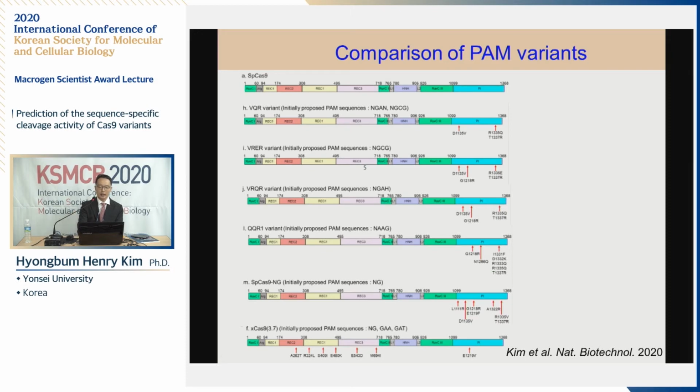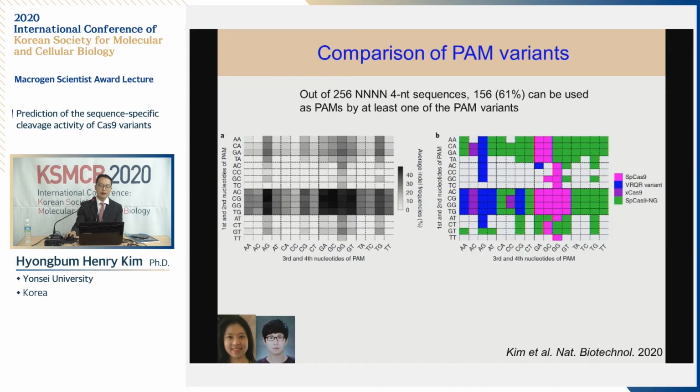So to find the answer to that question, we meticulously compared the activity of those PAM variants using our high-throughput approach. This is a 4 nucleotide PAM sequence, 256 NNNN PAM sequences. The first N and second N are shown on the y-axis, and the third and fourth nucleotides of the PAM sequences on the x-axis.